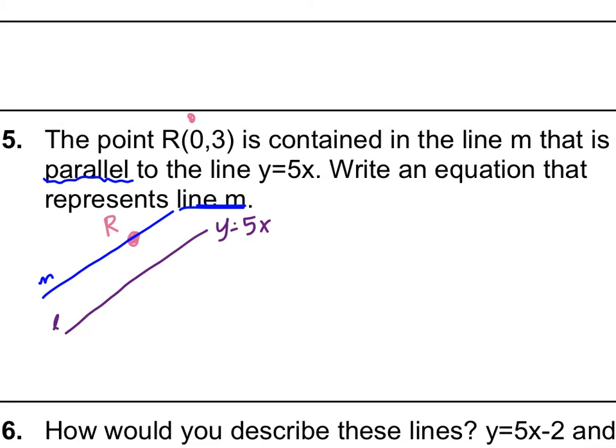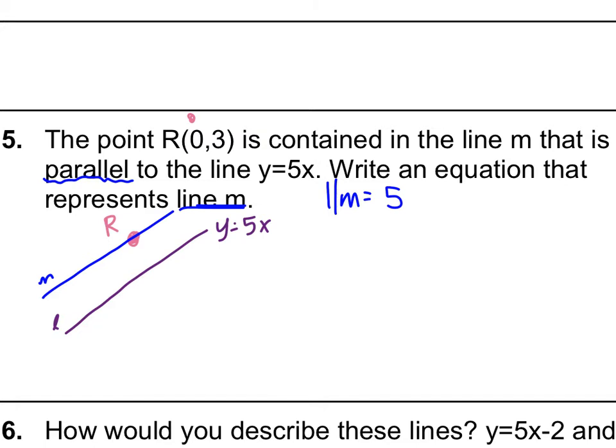So we need to write our parallel slope, which in relation to our purple given line, L, is a slope of 5. So if these two lines are parallel, our slope for line M has to be 5 as well.